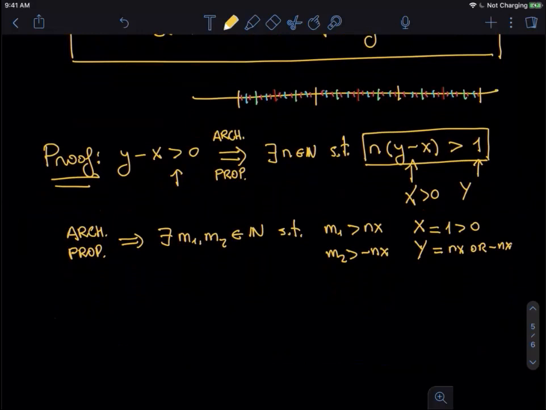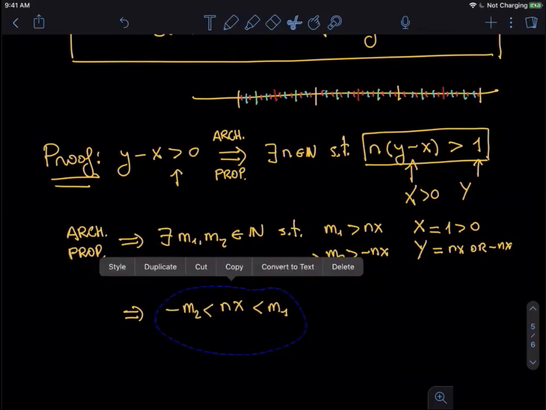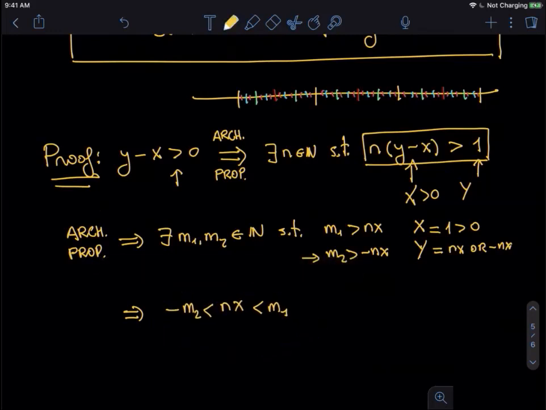From these two, let's flip the second inequality, multiplying everything by -1, so that nx is in between negative m2 and m1. So we are saying that nx lies between two integers.